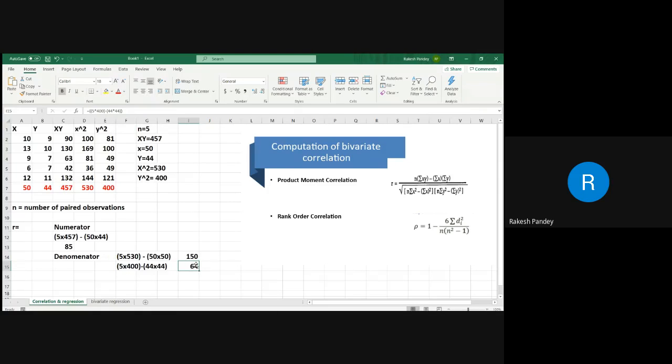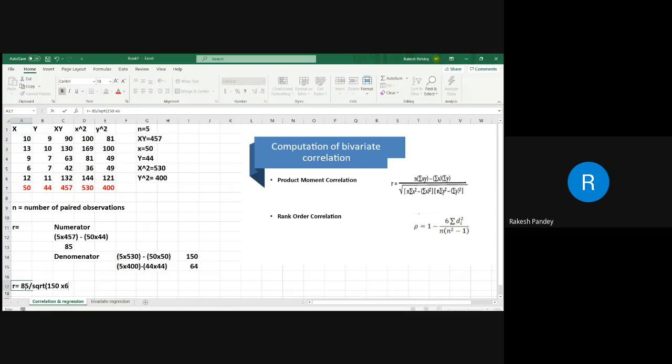Now let us compute R. So R is equal to, in the numerator, 85 divided by the square root of what? 150 into 64.